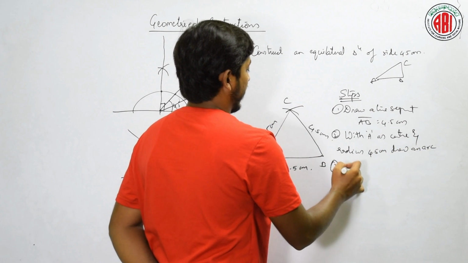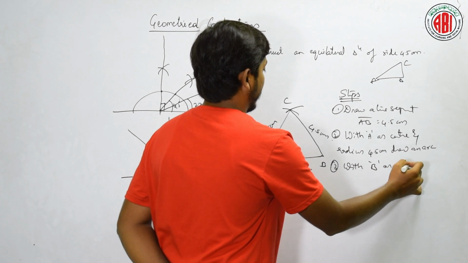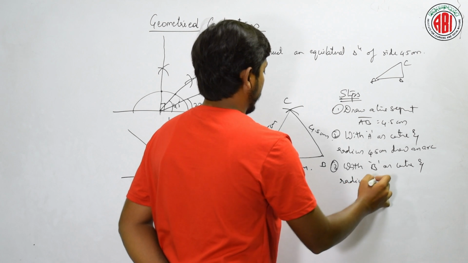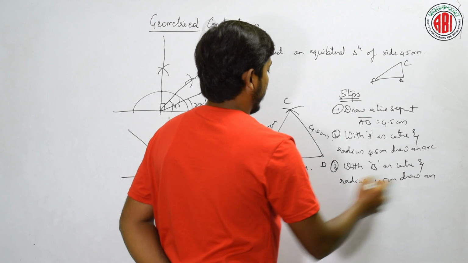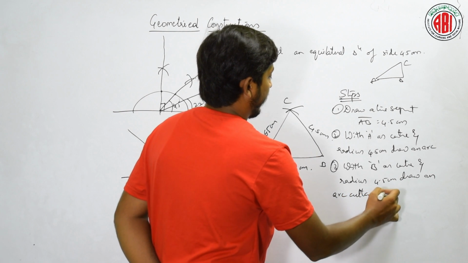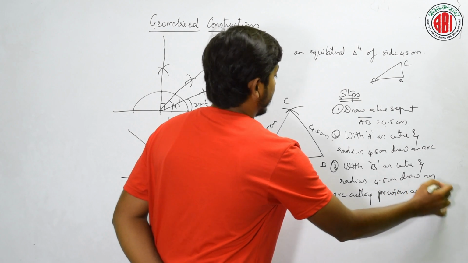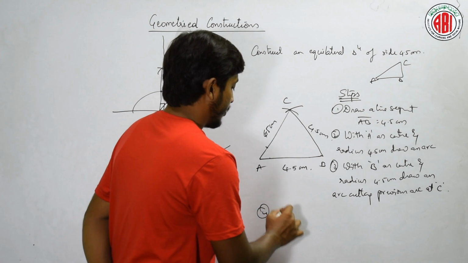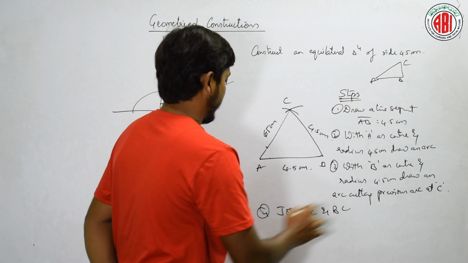Next again with B as center and radius 4.5 centimeters, draw an arc cutting the previous arc at C. Now, the next step is join AC and BC.